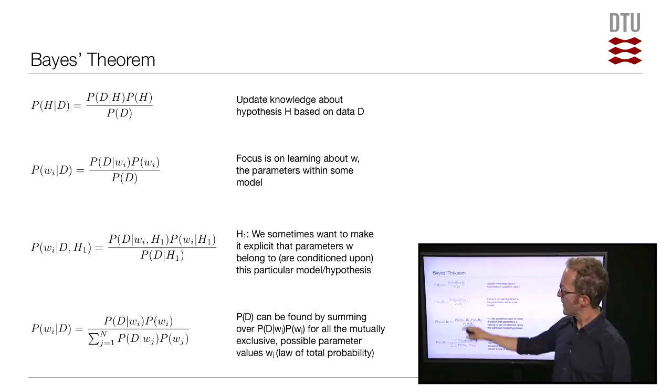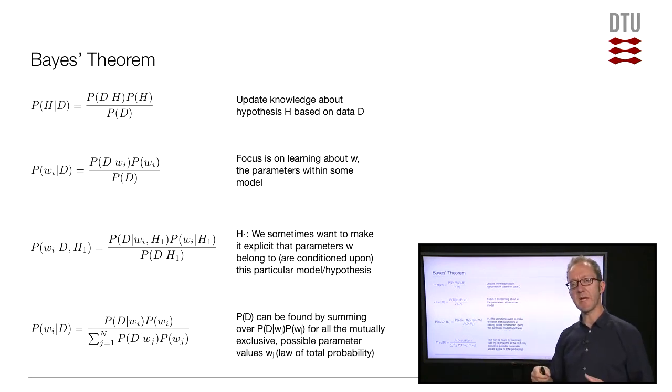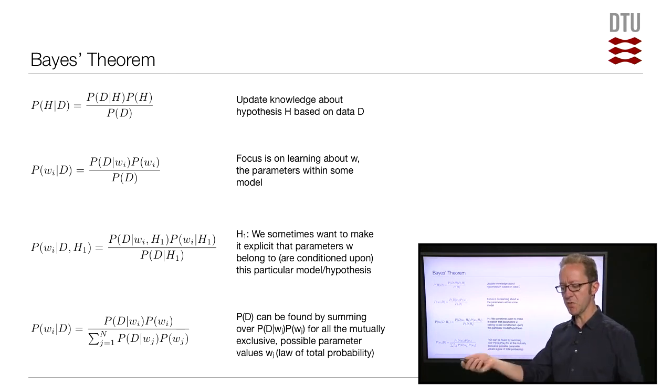Finally, the P of D that we have in the expression up here, the total probability of the data, is the total probability of getting the data under any possible value of our parameters. In any possible way in which reality could be put together, what would the total probability of getting the data be?